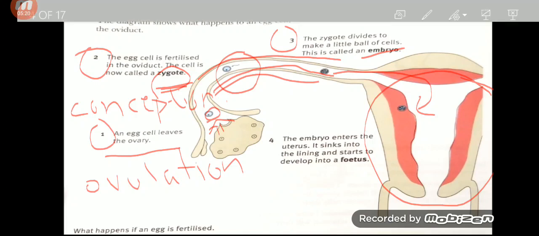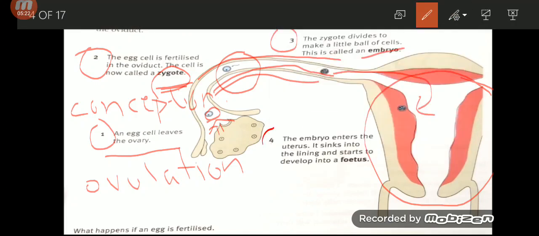And this fourth point is called pregnancy. The embryo enters the uterus lining and starts to develop into a fetus, and then the fetus will become a baby in 9 months, and then the woman will give birth to a new baby.